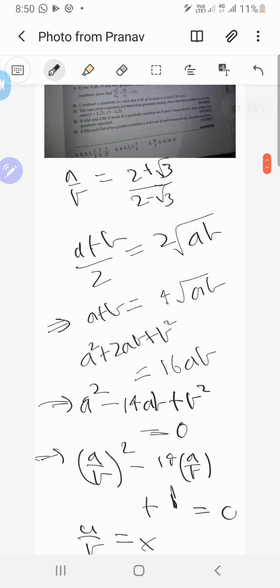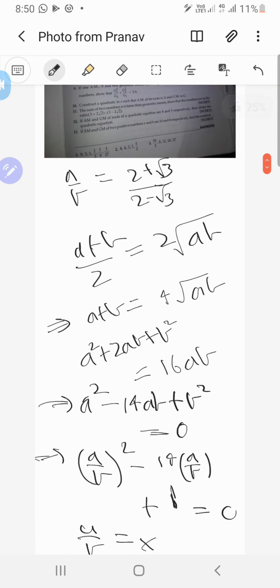That's nice. So you will just have x squared minus 2a x plus g squared equals 0. This is the quadratic polynomial which has alpha and beta as its roots, and the arithmetic mean of alpha and beta is a, and the geometric mean is g. Fine, easy.